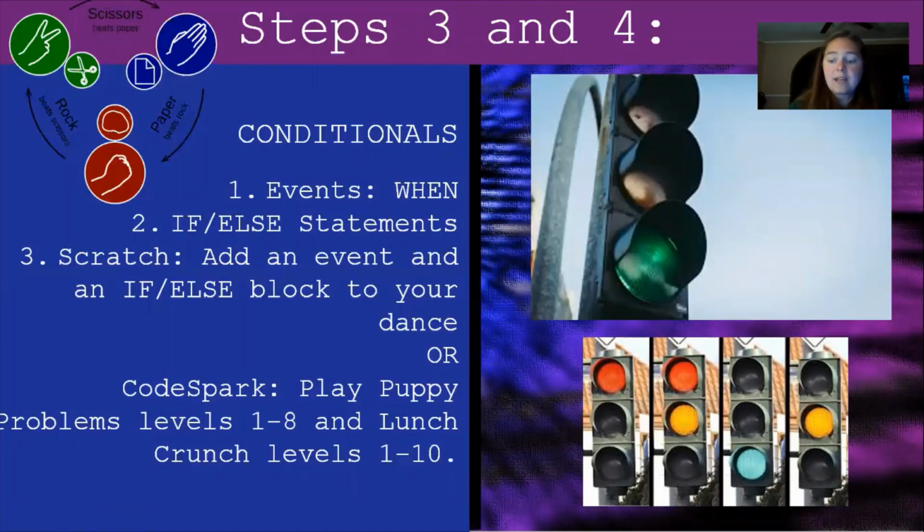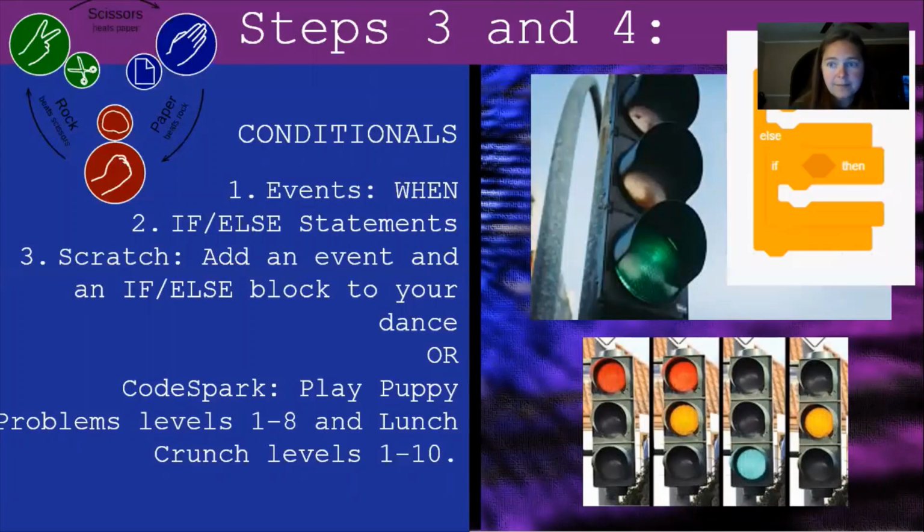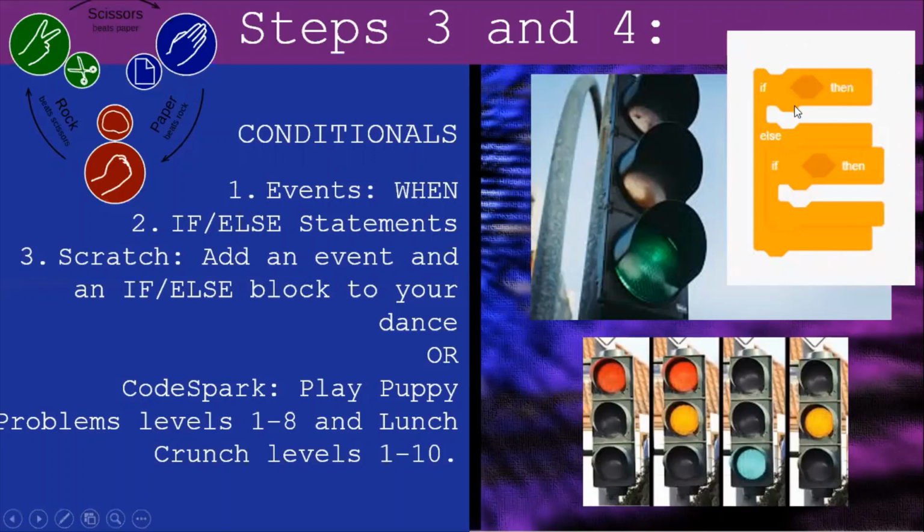So if I was doing an if-else statement for this, go ahead and take a look up here. If the light is green, then go. Otherwise, if the light is yellow, then you should slow down.